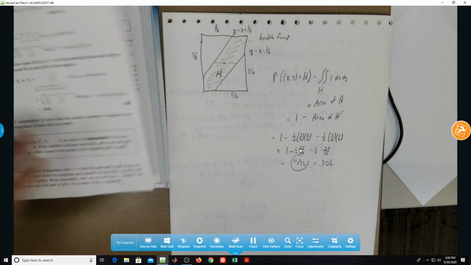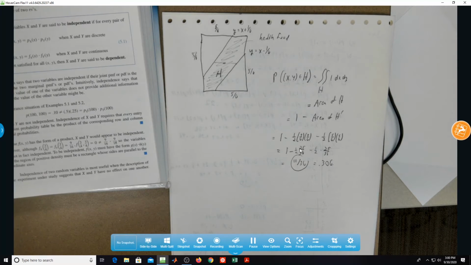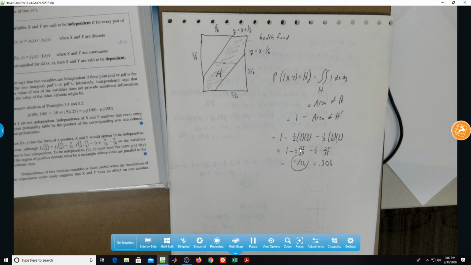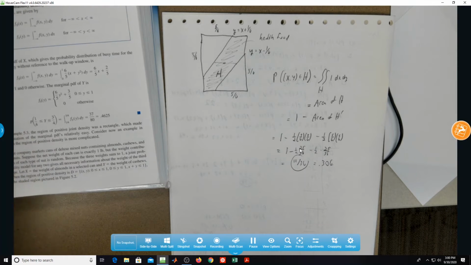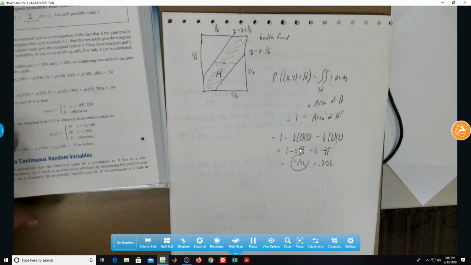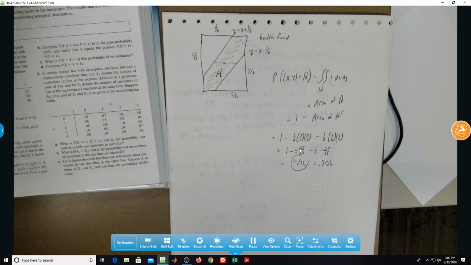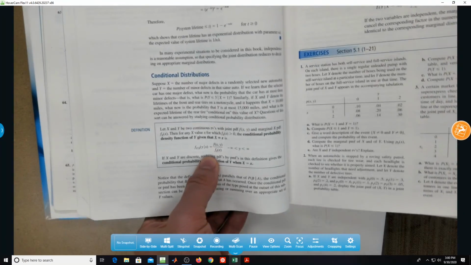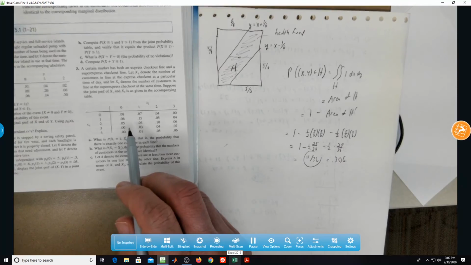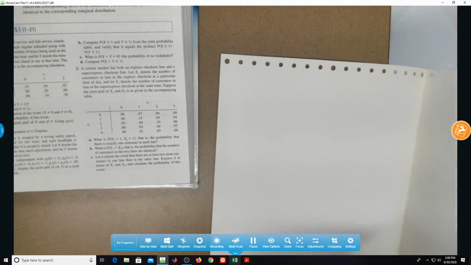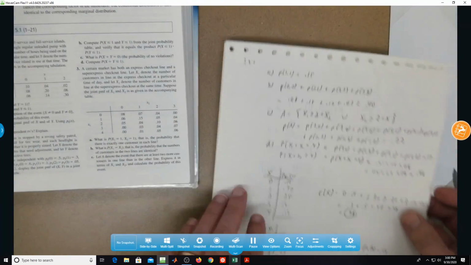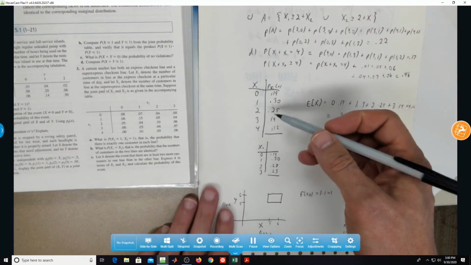Just one more thing, to see the ideas of these conditional probabilities down here. Let's take a look at number 3. We've got these probabilities here.